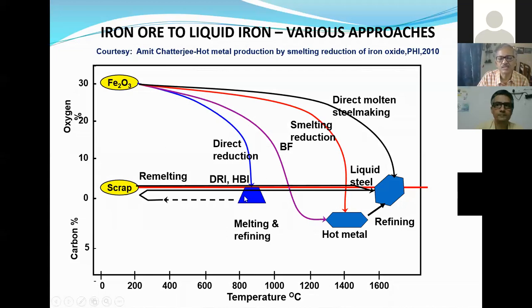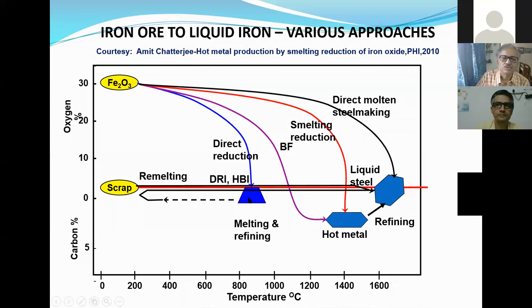In the case of gas-based DRI, you can increase the carbon percentage by cracking the natural gas during the cooling of the DRI. I'll talk about that. So you can control it by natural gas cracking, and you can increase the carbon percentage. A higher carbon percentage is helpful for melting, obviously. If it is higher, the liquid amount becomes less, and you can easily make it.